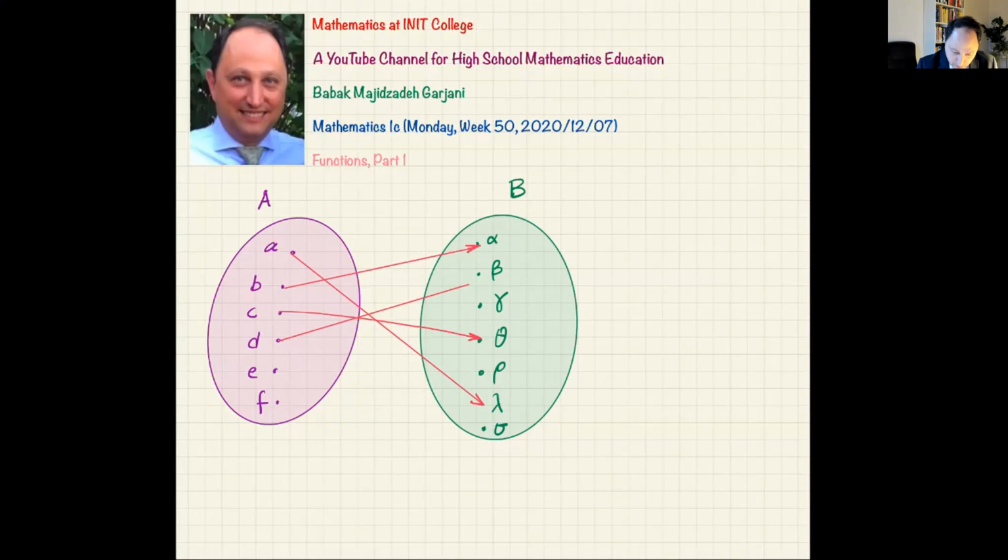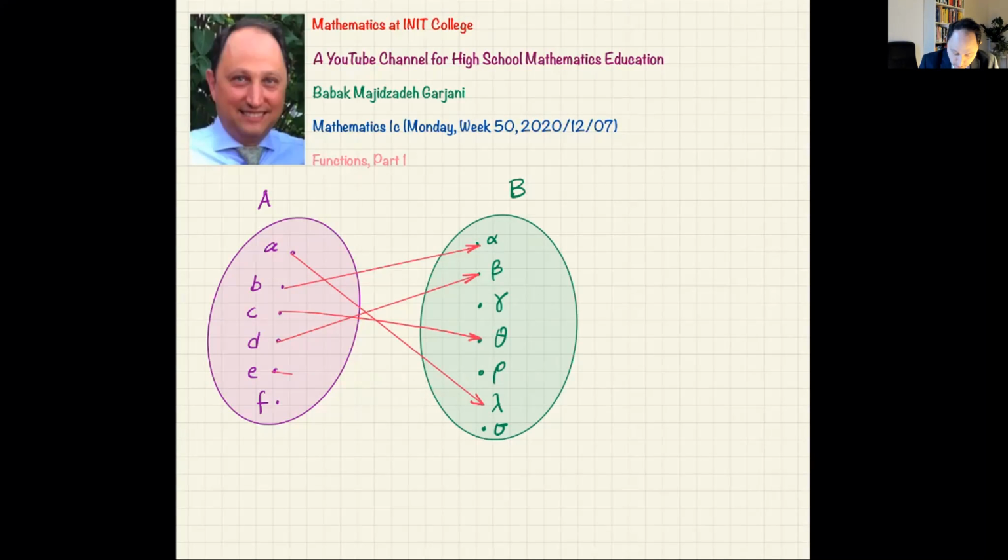Oh, let me first do this and then do this. Okay. So far, is it a function? No, because there are some elements that I haven't assigned any elements from B to them. Okay, so I need to continue assigning this. But for example, let me do this. I assign E to the same lambda here again.